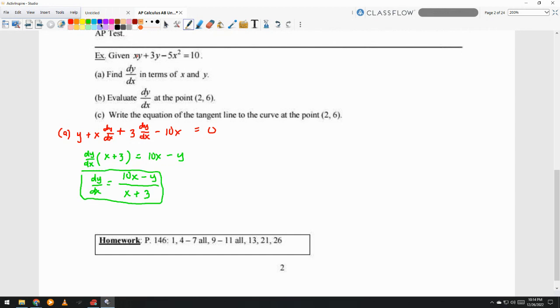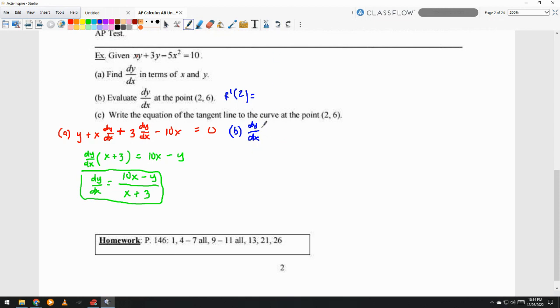All right, good deal. So part B, evaluate dy over dx at the point (2, 6). So we haven't done a lot with Leibniz's notation yet. Evaluating at a value when we use Lagrange's notation, like f prime, we would always do f prime of 2 equals. But with Leibniz's notation, you can't just put parentheses after. That's not how it's been accepted that we do that. So here's how you do it with Leibniz's notation. Dy over dx, you draw a vertical line.